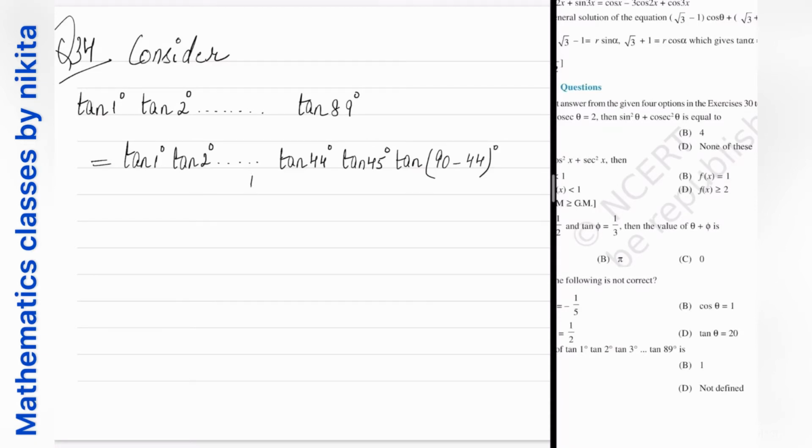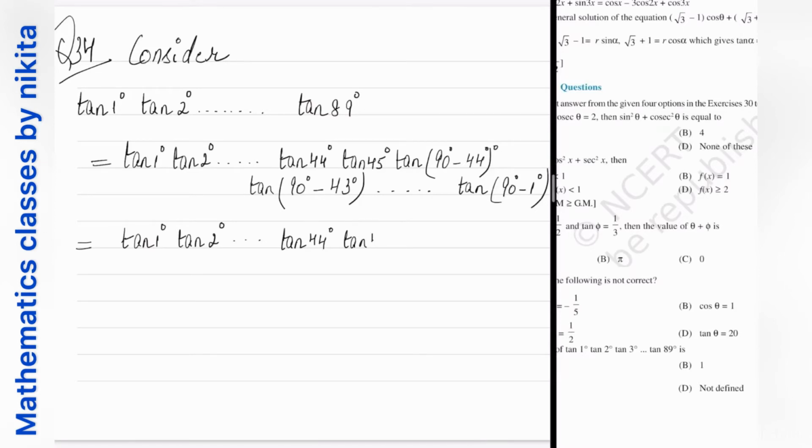And the next term that comes is tan of 90 degrees minus 43 degrees, and so on. And the last term tan of 89 degrees is nothing but tan of 90 degrees minus 1 degree. Okay, and this is equal to tan of 1 degree, tan of 2 degree and so on up to tan of 44 degrees into tan of 45 degrees, and tan of 90 minus theta is cot theta.